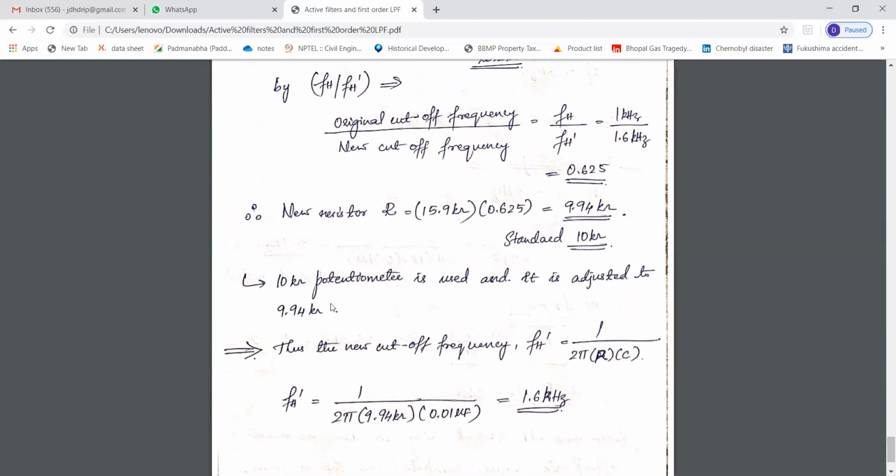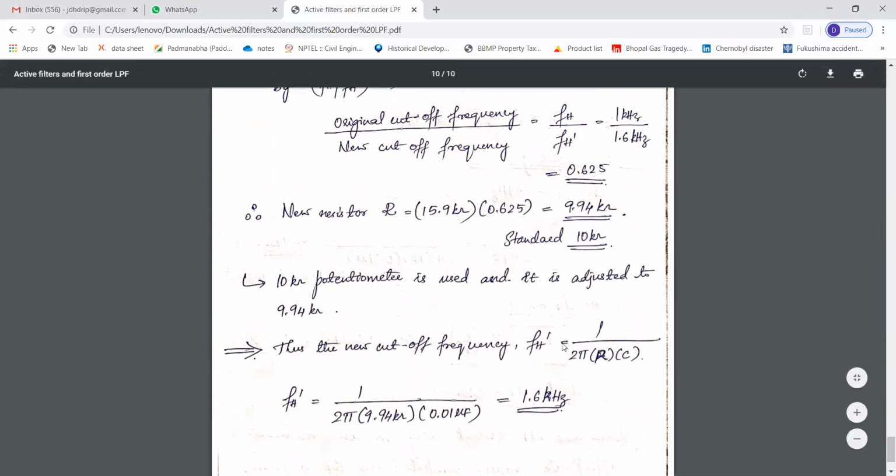This is just a verification that we have done to check whether we are getting 1.6 kilohertz as the new cutoff frequency. The cutoff frequency is given by 1 by 2 pi RC. We found that R is equal to 10 kilo ohm by multiplying the initial resistance value, 15.9 kilo ohm, by the ratio of the original cutoff frequency by the new cutoff frequency.